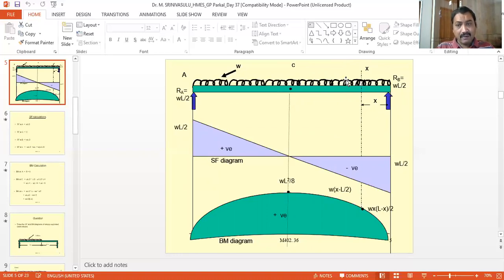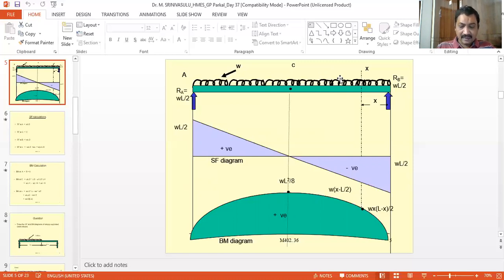So L by 2 by 2. That means the UDL will act at L by 4 distance from point C. Therefore, the moment is equal to W into L by 2 into L by 4.